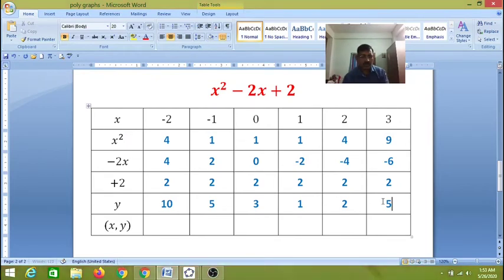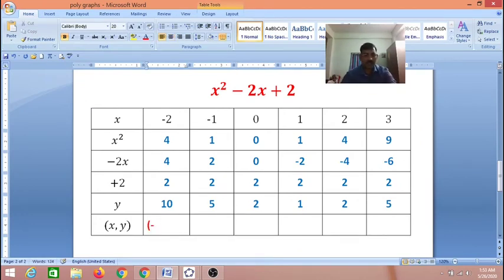The points are minus 2 comma 10, minus 1 comma 5, 0 comma 3, 1 comma 1, 2 comma 2, and 3 comma 5. Of course, 0 square is 0, 0 plus 2 is 2 only. So the symmetry property again you can observe here.